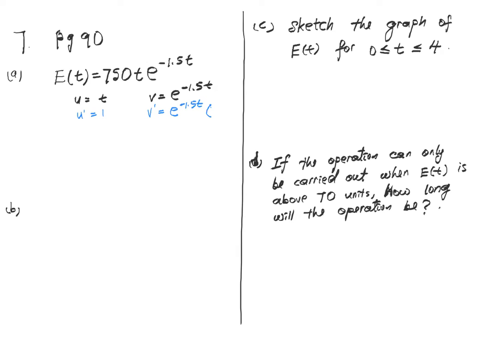Then times by the derivative of the power, okay? So now we put into our product rule formula, the 750 we put outside. Okay, v u prime plus u v prime.